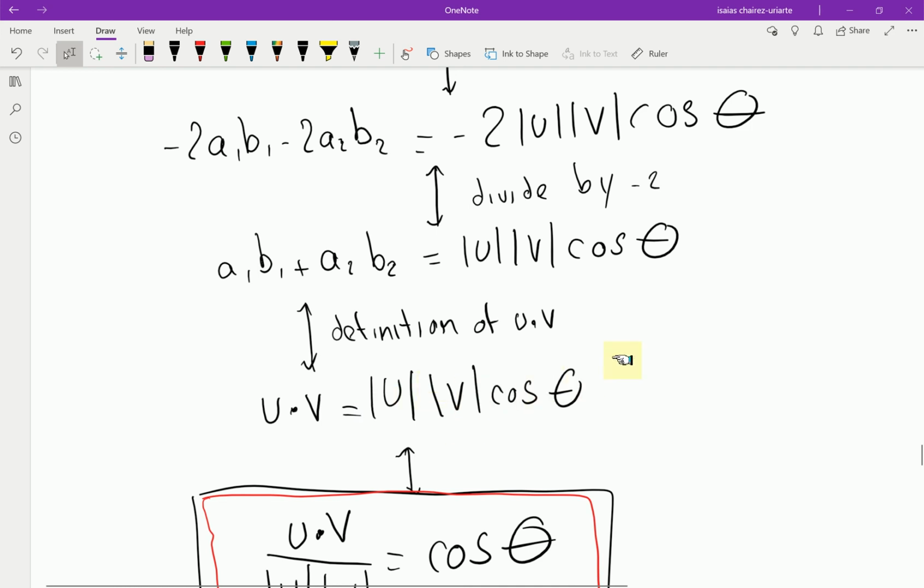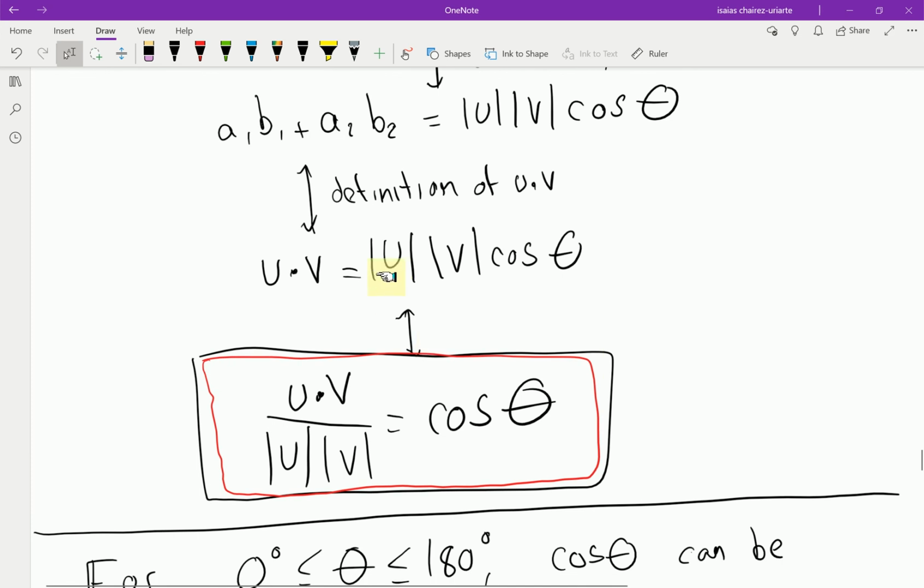Now I'm going to divide by this product of magnitude of u times magnitude of v. So I have that u dot v divided by magnitude of u, magnitude of v. It's the dot product of u and v divided by the product of the magnitudes of the vectors, and that's equal to cosine theta.